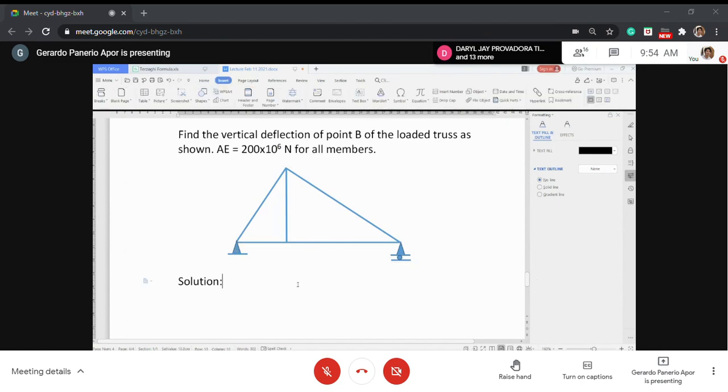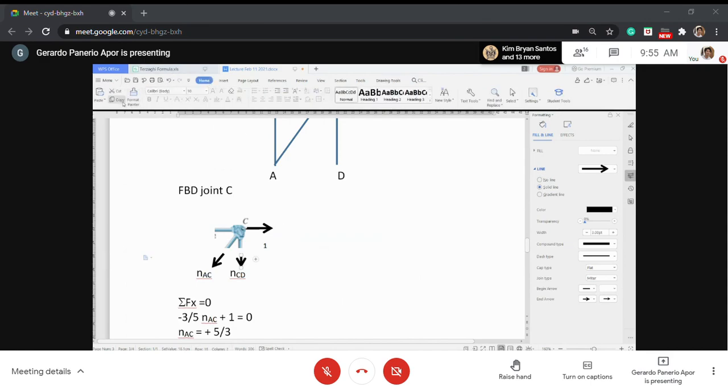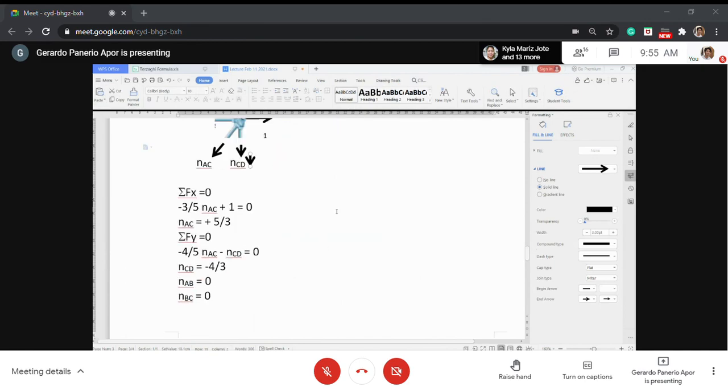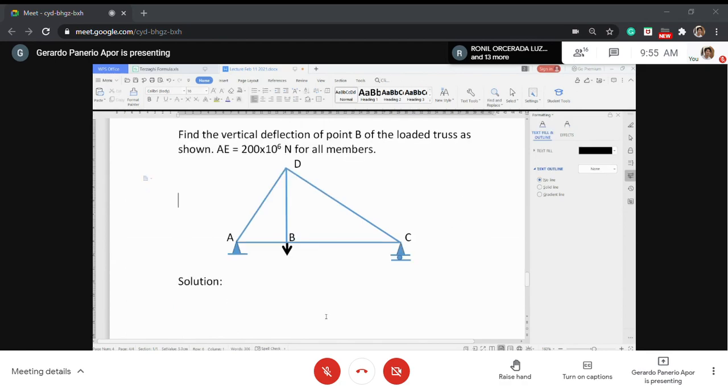So that's the structure, and then with respect to letter A, that's A, that's B, that's C, and the one here is B. Now let us say there is a load here of 50 kN.